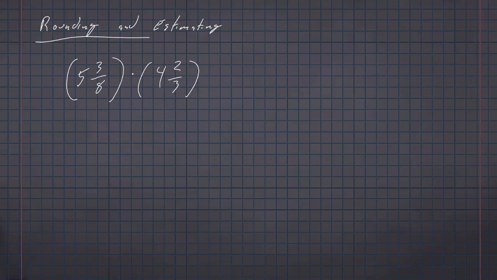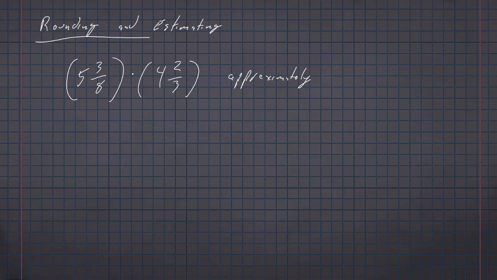Consider 5 3/8 times 4 2/3, multiplying some mixed numbers together. We could multiply this out.